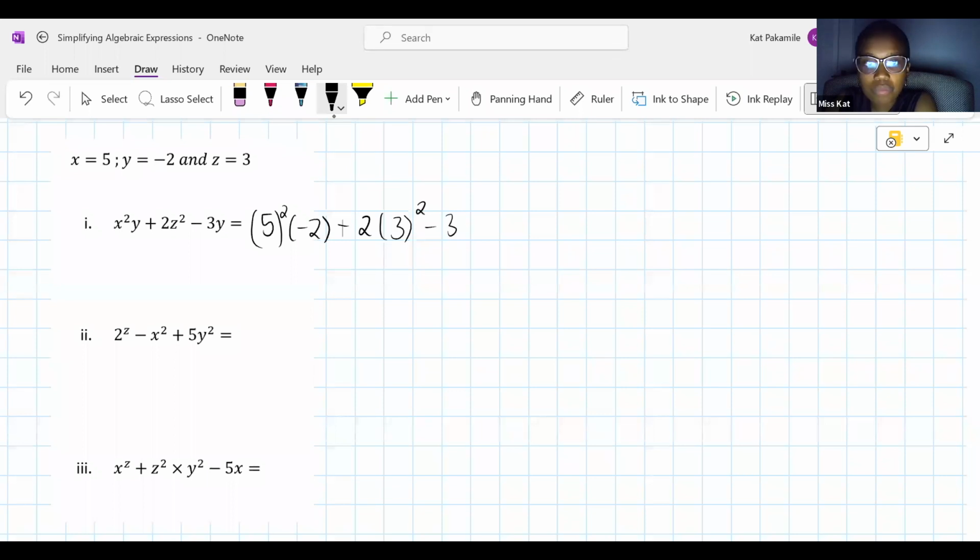Then, ma'am, I started with the exponent. So I said 5 times 5 is 25. Then I kept the negative 2 and plus 2. And then 3 times 3 is 9, so I put 9 in the brackets. Minus 3 and we keep the negative 2.